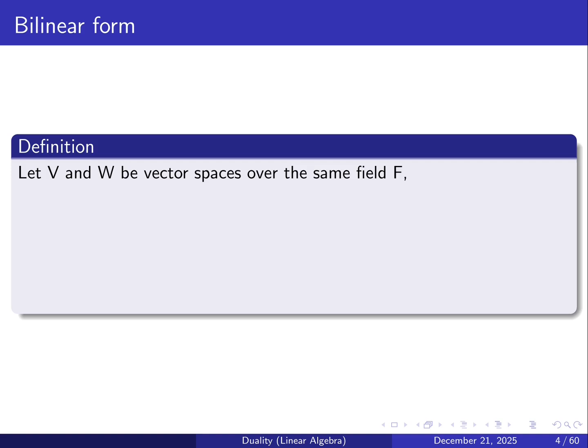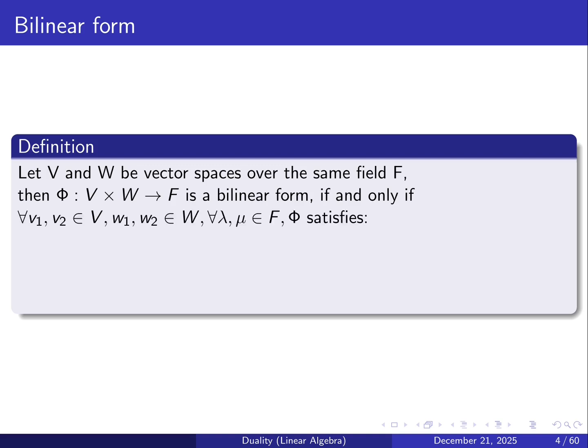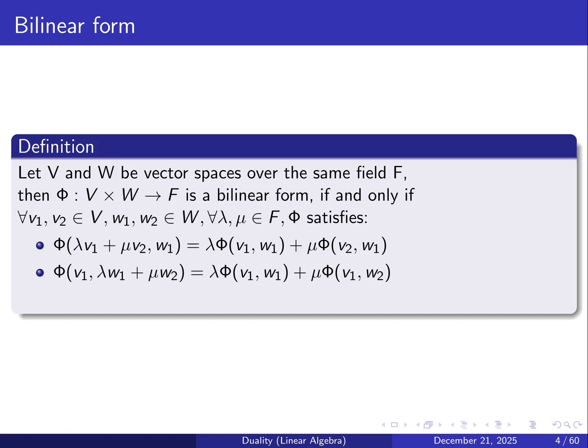Let V and W be vector spaces over the same field F. Then phi from V cross W to F is a bilinear form if and only if for all v1, v2 in V, w1, w2 in W, and scalars lambda, mu, phi satisfies being linear in both arguments.